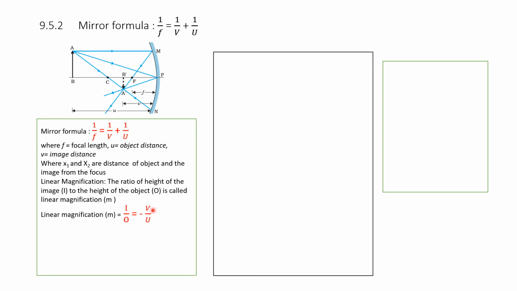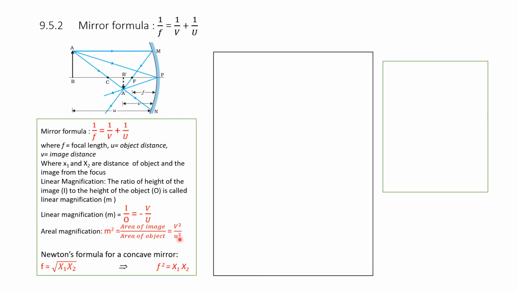Areal magnification is also defined as m square is equal to area of the image divided by area of the object, that is v square by u square.